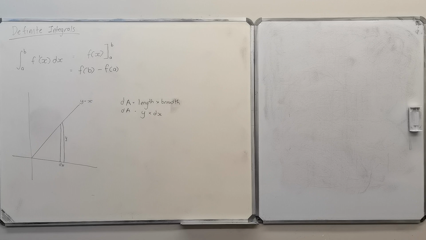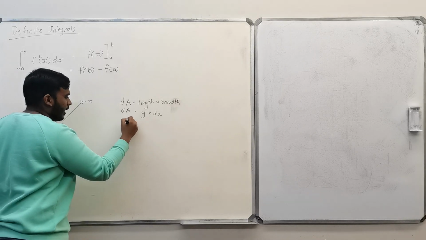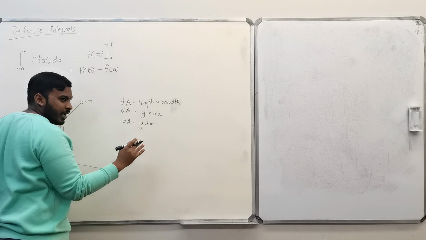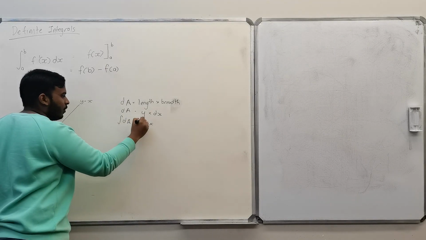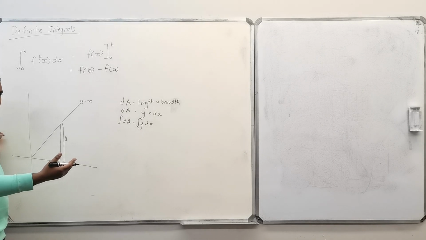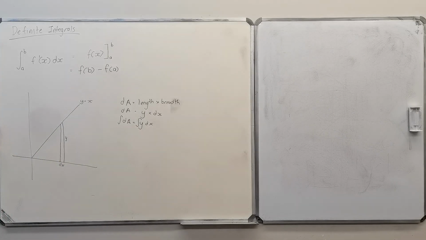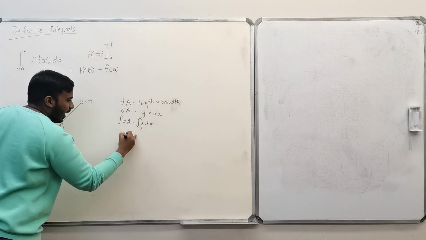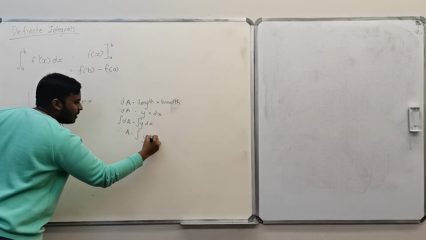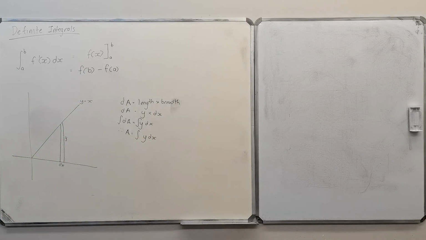Now, if we integrate both sides, you're going to end up with dA equal to y dx. If you integrate both sides, the integral of this would be A, because it's the integral of dA, the derivative of A. So you're going to end up with A equal to the integral of y with respect to x.